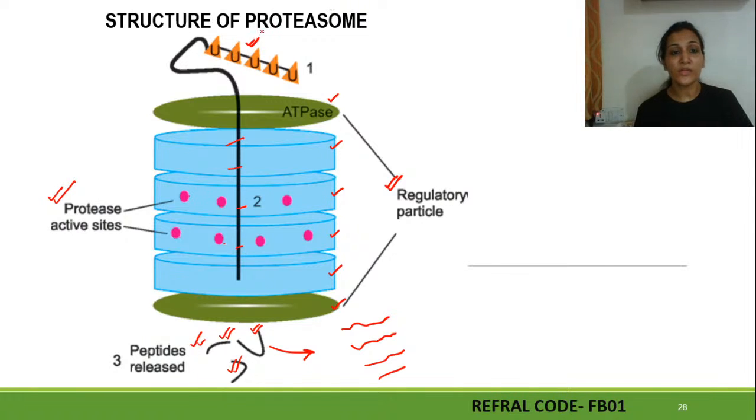So this is how the proteasome assembly participates in degradation of misfolded proteins. It is made up of 50 subunits, right? So it's a very large molecule.